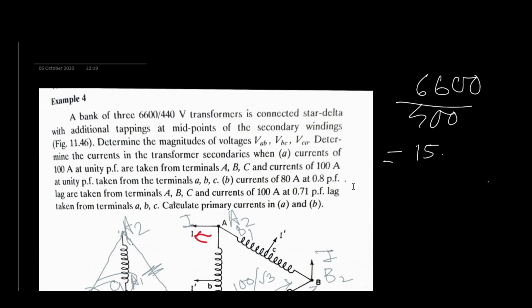Obviously, one question that can come to your mind is what is the line voltage of the primary side? Obviously the line voltage should be taken as 6600 into root 3, because the rating given here is the individual transformer rating. Don't get confused that 6600 is the line voltage. It is the phase voltage of the individual transformer.